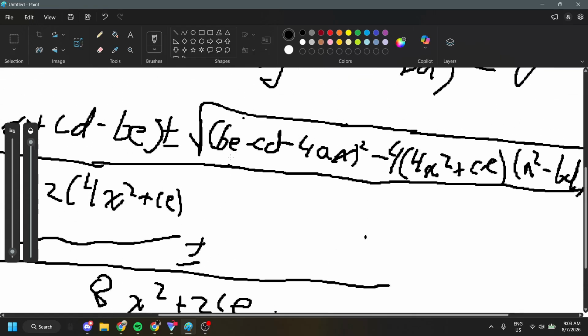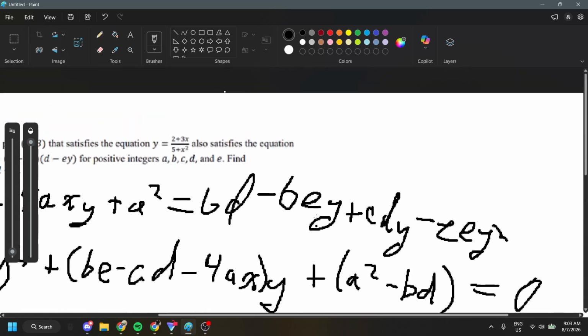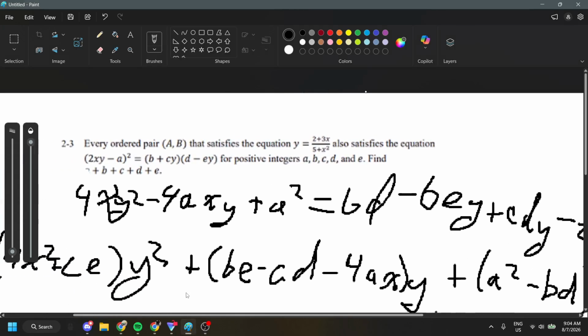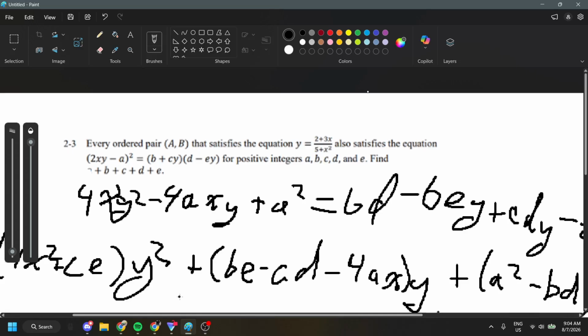So what we have to do here... there has to be another way to do this. Maybe we just need to keep plugging in ordered pairs until we get something.